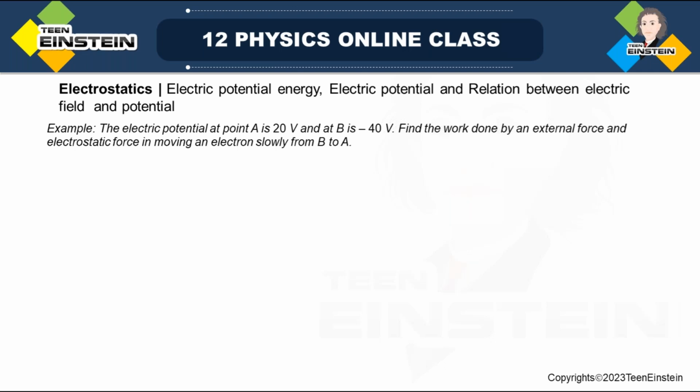We have to calculate the work done by an external force, and by the electrostatic force, in moving the electric charge slowly from B to A. Suppose there is a position A, this is B. We have to take a charge from one point to another. What is the work done?